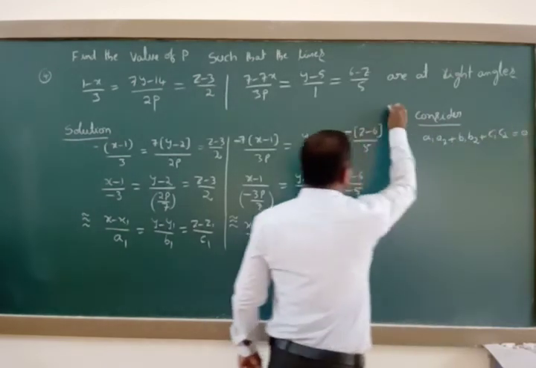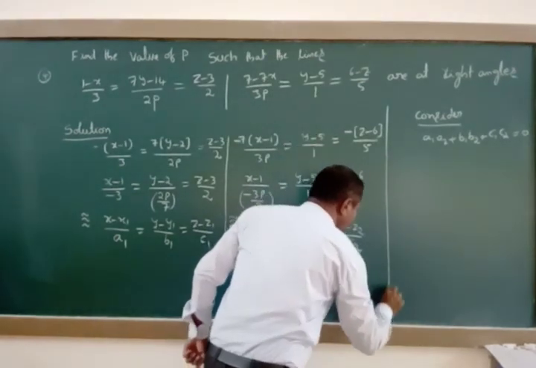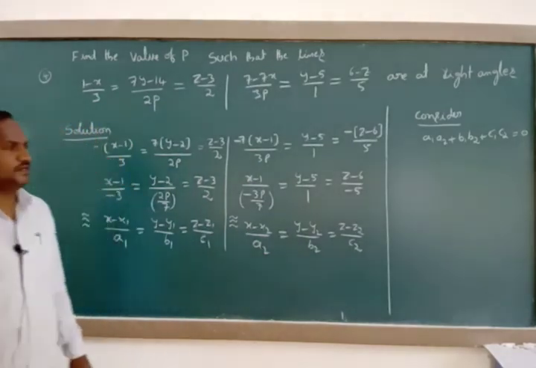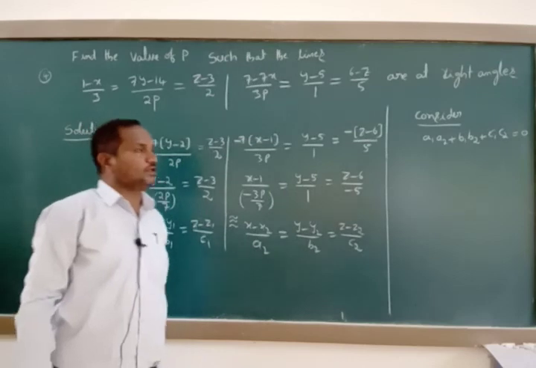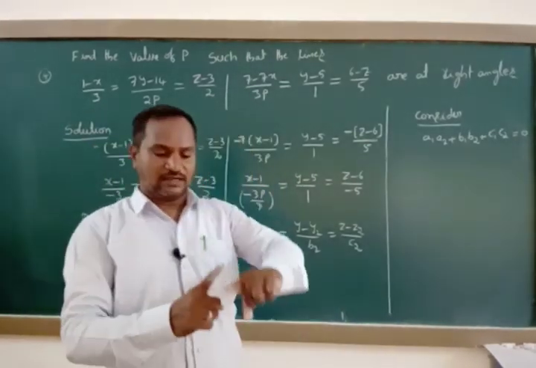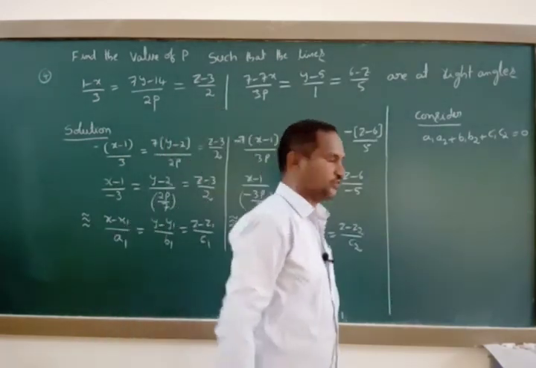You have to apply this condition here, because they mentioned that the two lines are perpendicular to each other. They cut at right angles, which means they are perpendicular to each other. That's why I have taken this condition.